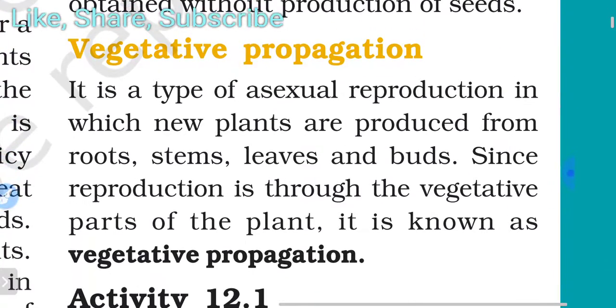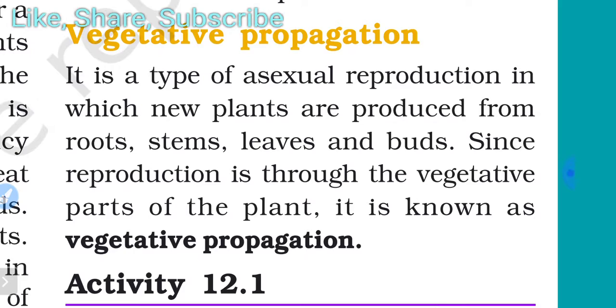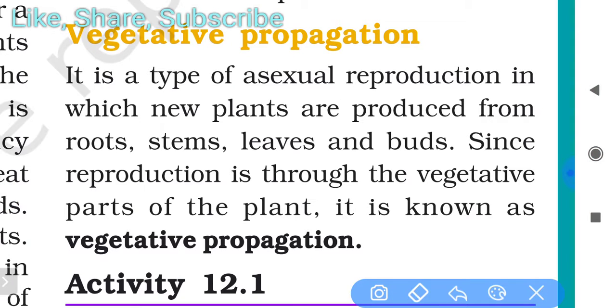First is vegetative propagation. It is a type of asexual reproduction in which new plants are produced from roots, stems, leaves, and buds. Since reproduction is through the vegetative parts of the plant, it is known as vegetative reproduction. So now you can easily understand. Suppose this is a plant, and these are the roots, stem, or leaves.